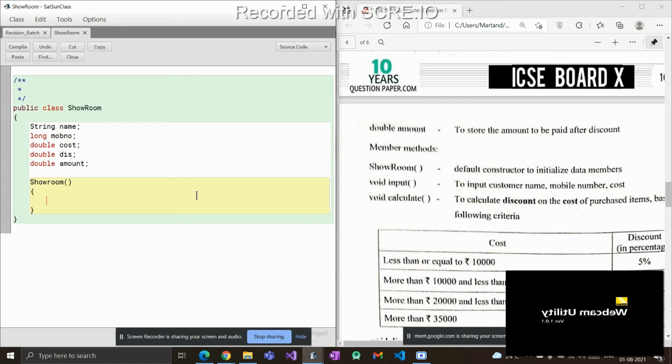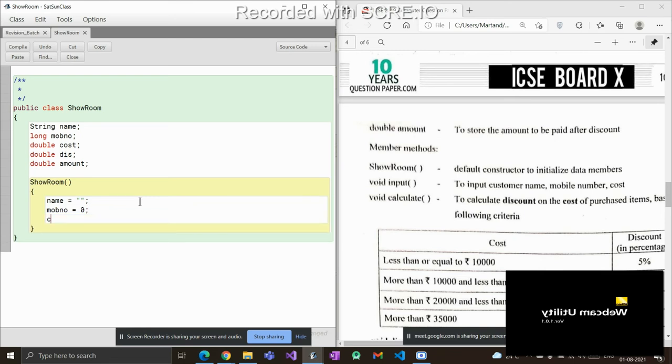In default, you will be just giving them some default values, okay? So you will just give some default values to them. Now you give any default value, it doesn't matter if it is not mentioned over there. This means that I'll go inside this and I'll write name equal to nothing, an empty string. Then mobno equal to, if it's a long, that means an integer only, so I'll give 0 over here.